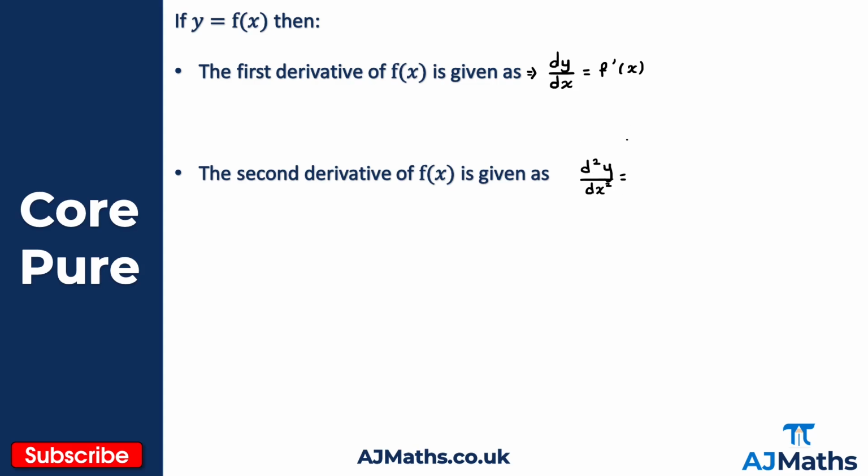So it's d by dx of dy by dx. And in terms of this notation, this would now be f with two little dashes, two primes. So it's f double prime of x, and that represents the second derivative of f of x.